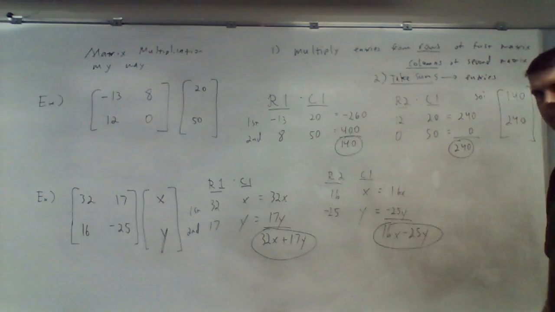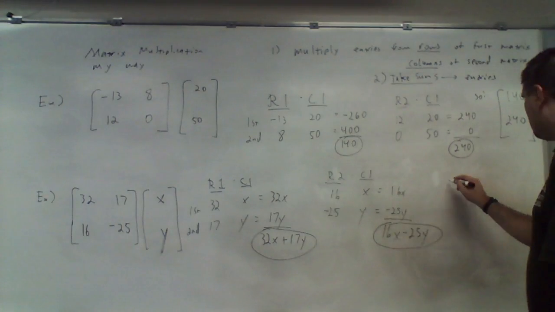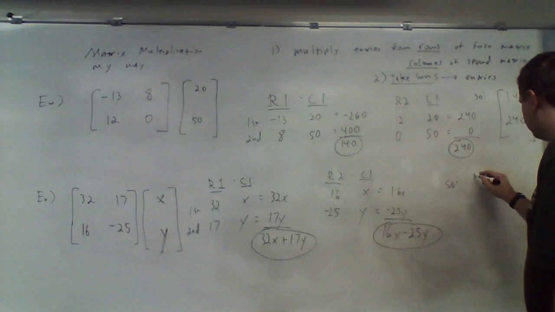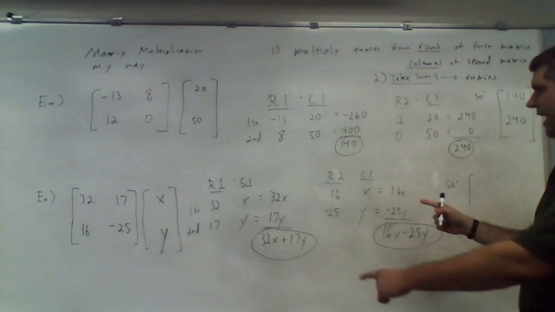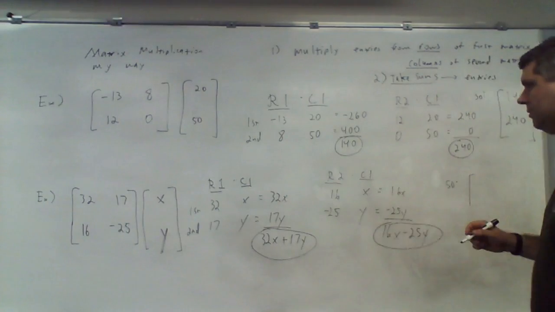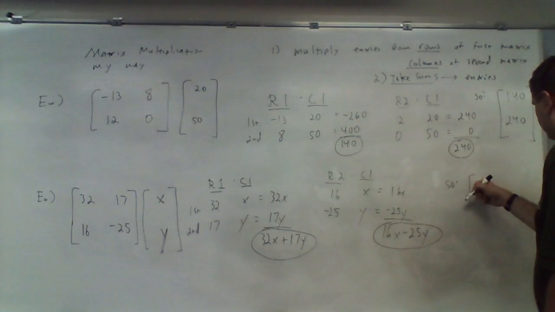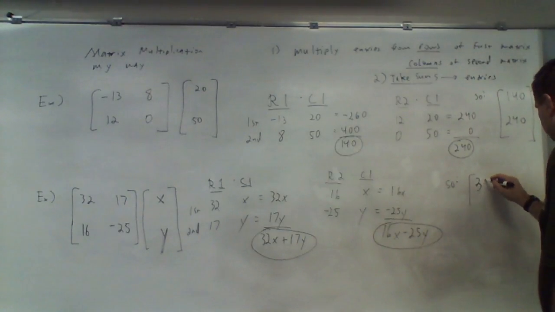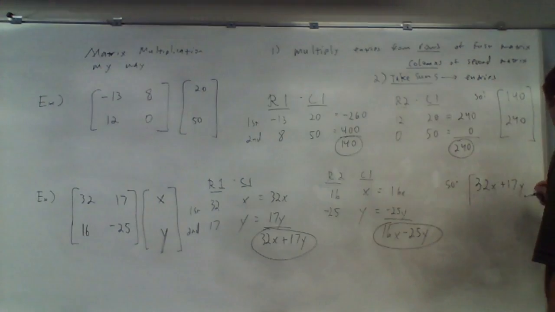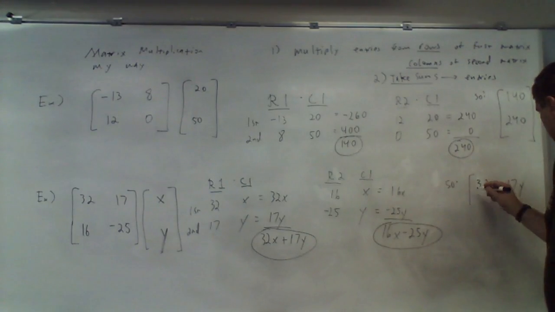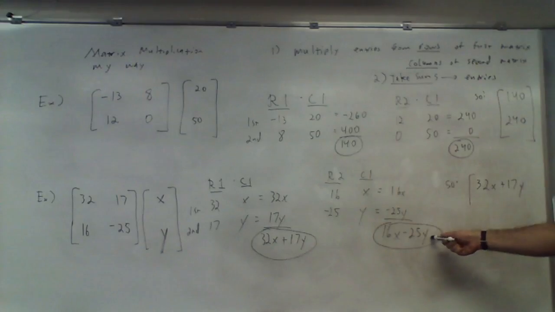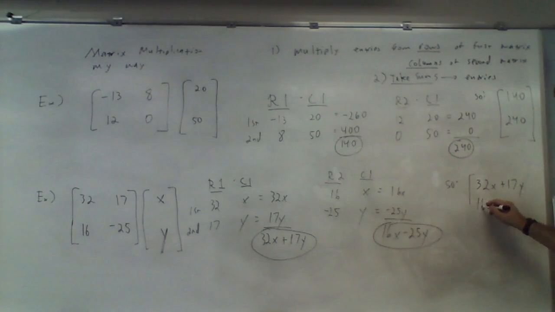That also will be an entry in the new matrix. So the product will only have one column. The top row will be 32x plus 17y. The second row, first column, will have 16x minus 25y. All right, and I am stopping.